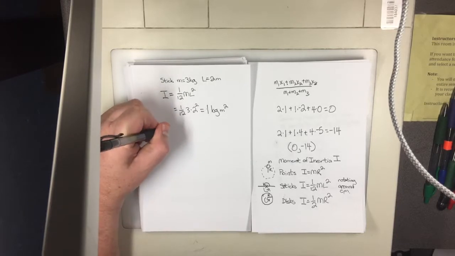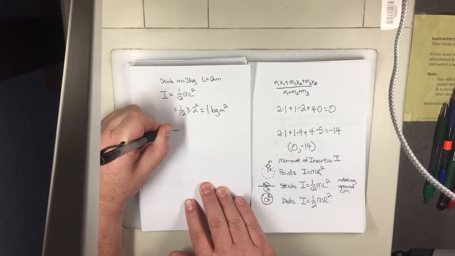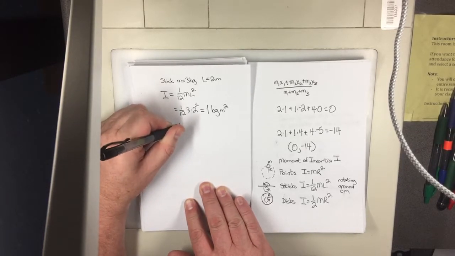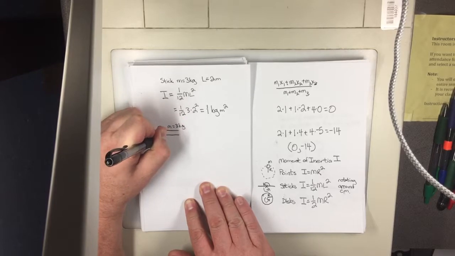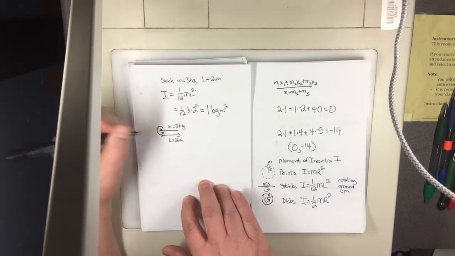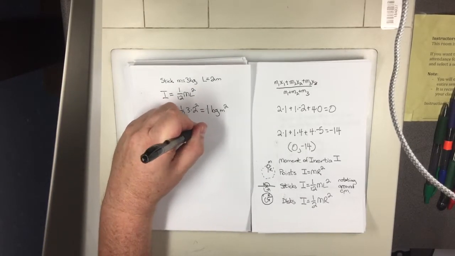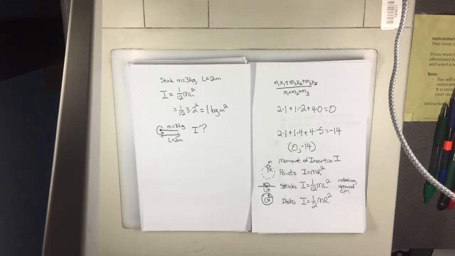For this, if that's the rotation point, the mass is still the same. The length is still the same. What's the new moment of inertia? The new moment of inertia is not going to be 1 kilogram meter squared. You're going to have to adjust for it.